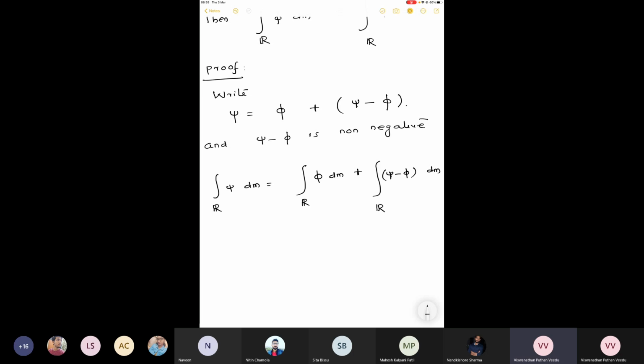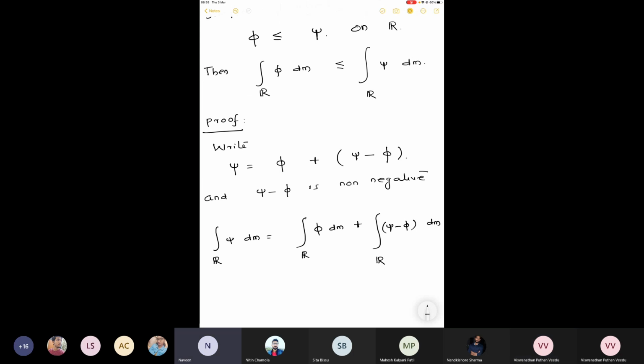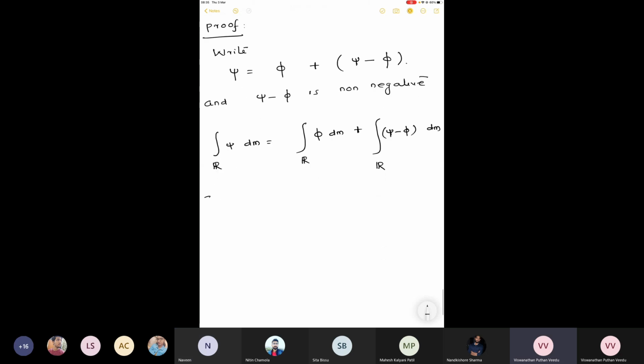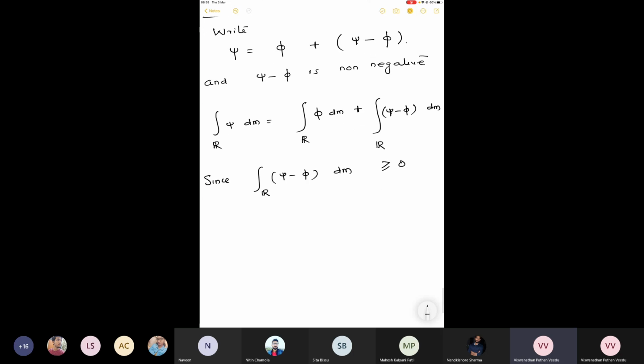Now, have you done? Yes, sir. Because the integral of psi is the integral of phi plus something non-negative. Since integral over R psi minus phi dm is greater than or equal to 0. Why? Because psi minus phi is simple and psi minus phi is greater than or equal to 0. The result follows.